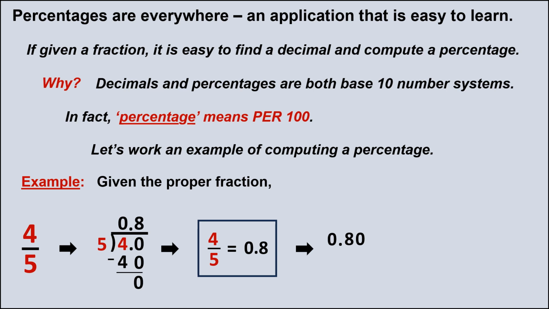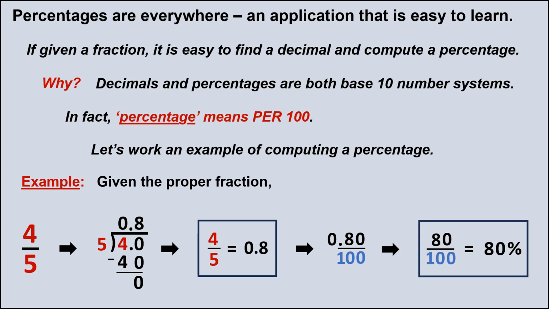So let's convert 0.8 or 0.80 to a proper fraction with 100 as a denominator. We can use our 1 under the decimal point and add zeros under each digit to the numerator to simulate a fraction. Now we have a fraction that is 80/100ths per 100. Consequently, another way of saying 80 over 100 is 80%.